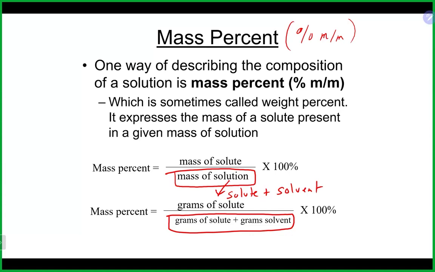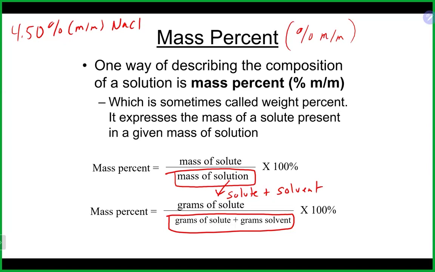Now, for example, if I had a mass percent given to me, like if I had one that said 4.5% by mass sodium chloride solution, I can turn that percentage into a usable conversion factor, which sometimes is easier to do than plug and chug into the equation.